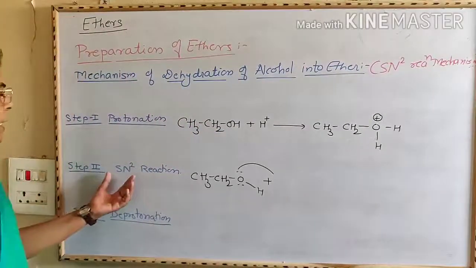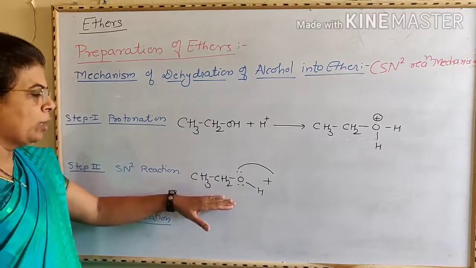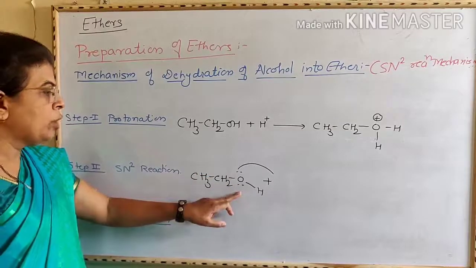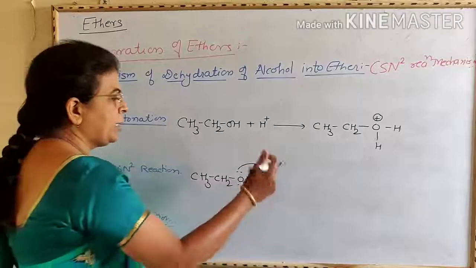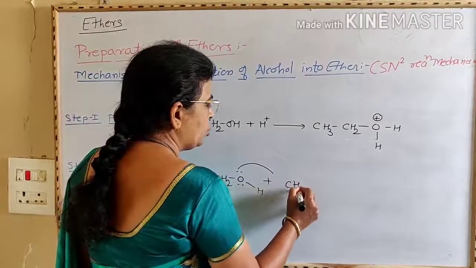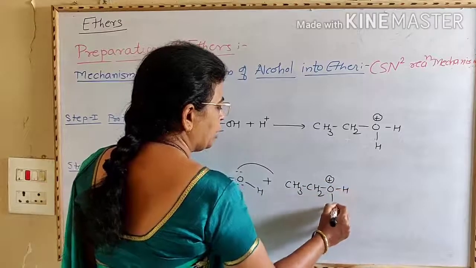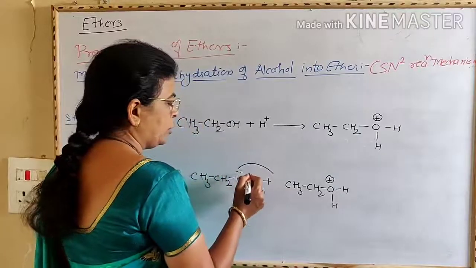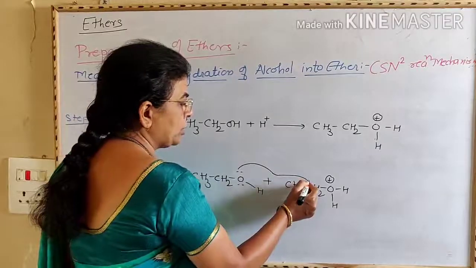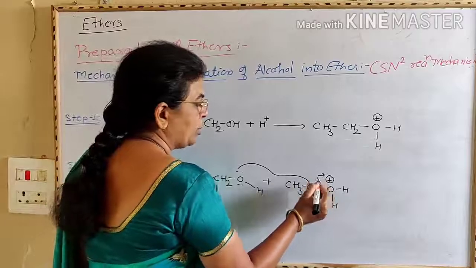The second step is the SN2 reaction mechanism, in which this ethyl alcohol, which possesses an oxygen atom with 2 lone pairs of electrons, acts as a nucleophile, and this protonated alcohol, that is CH3CH2OH2+. Now this alcohol, which acts as a nucleophile, attacks this CH2CH3 group, and removal of H2O takes place.